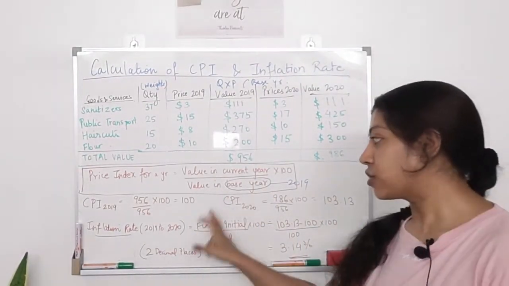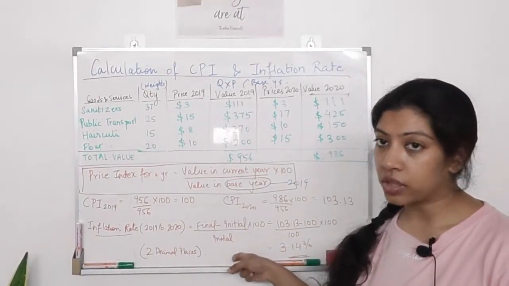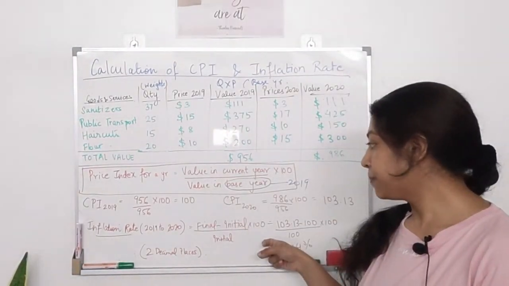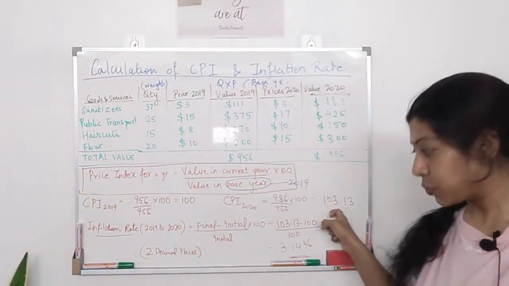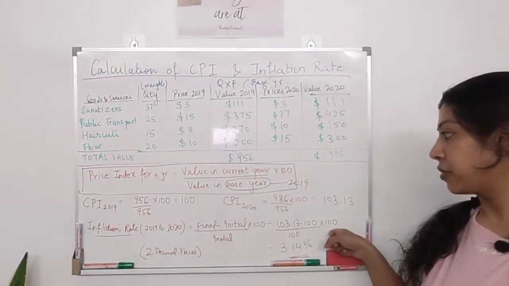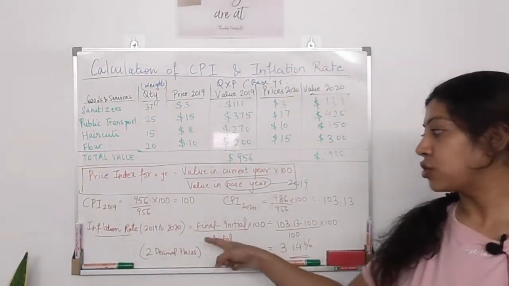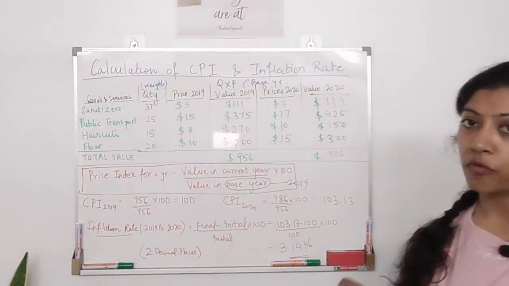The generalized formula is final value minus initial value upon initial value into 100. So 103.13 is the index for 2020 minus 100 for 2019 upon 100 into 100 will give us the inflation rate from 2019 to 2020, which is 3.14%.